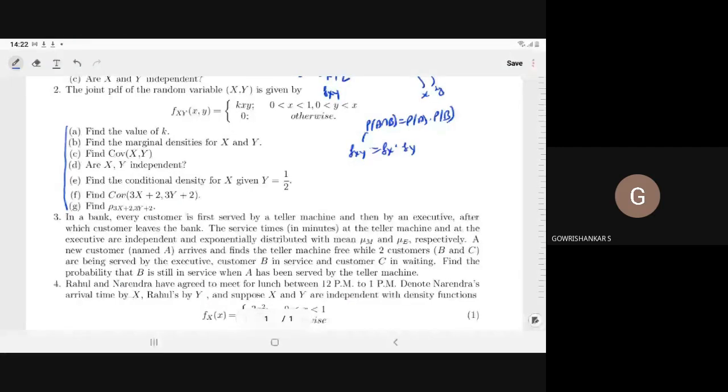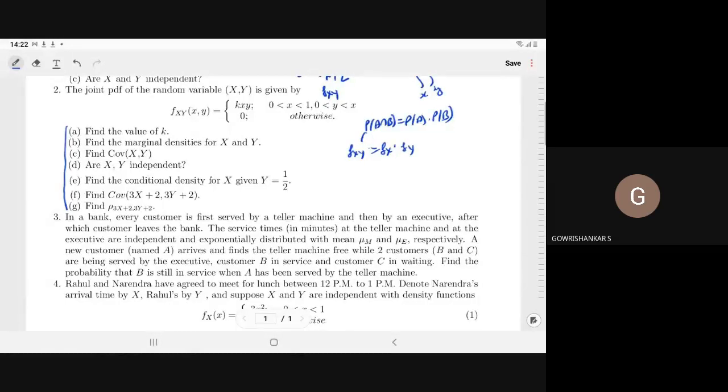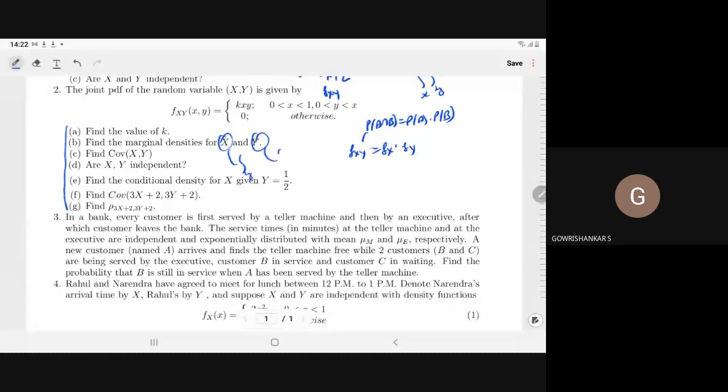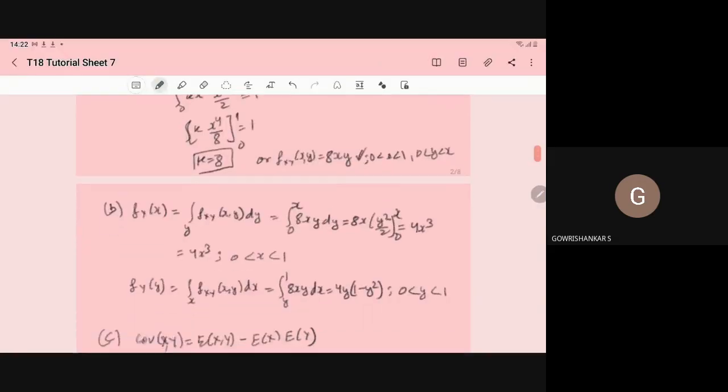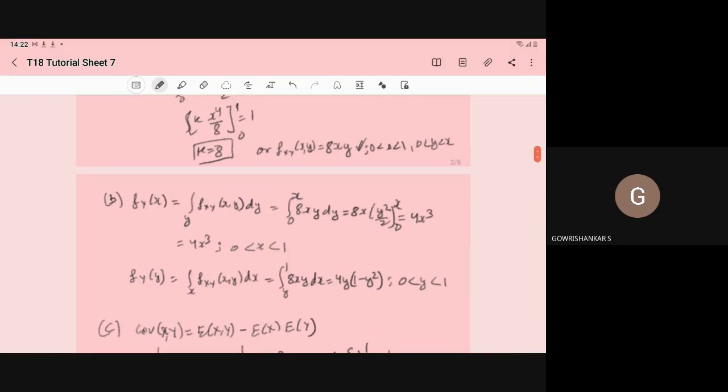Now part B, find the marginal density for x and y. Marginal density for x means you have to integrate over y, and for y you have to integrate over x, the given joint PDF. So when we compute fx of x, it means integration over y of the joint PDF fxy with respect to y.